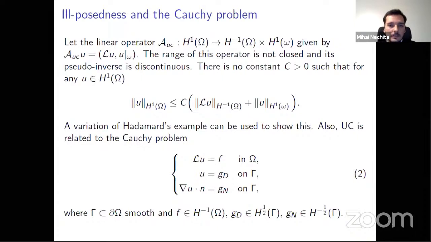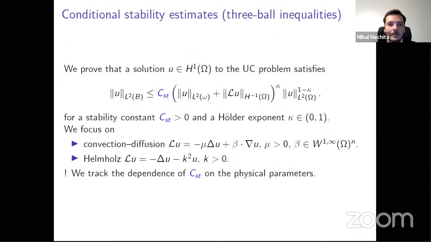So as I said, this problem is ill-posed, and our goal will first be to try to see what stability estimates could be written for this question, and then to try to use them for a numerical method.